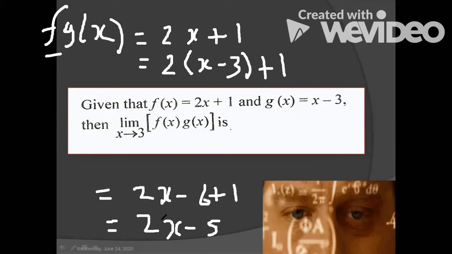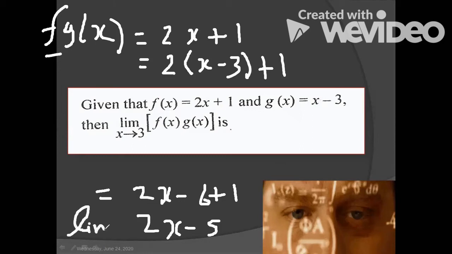Based on my observation here, nothing can be cancelled. There's no square to rationalize. There's nothing to rationalize. So we're going to use direct substitution.